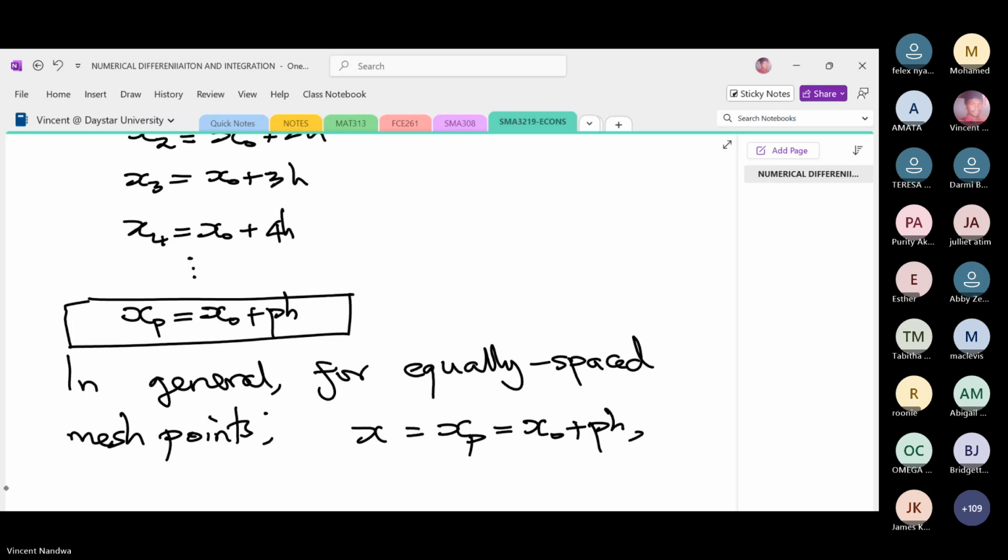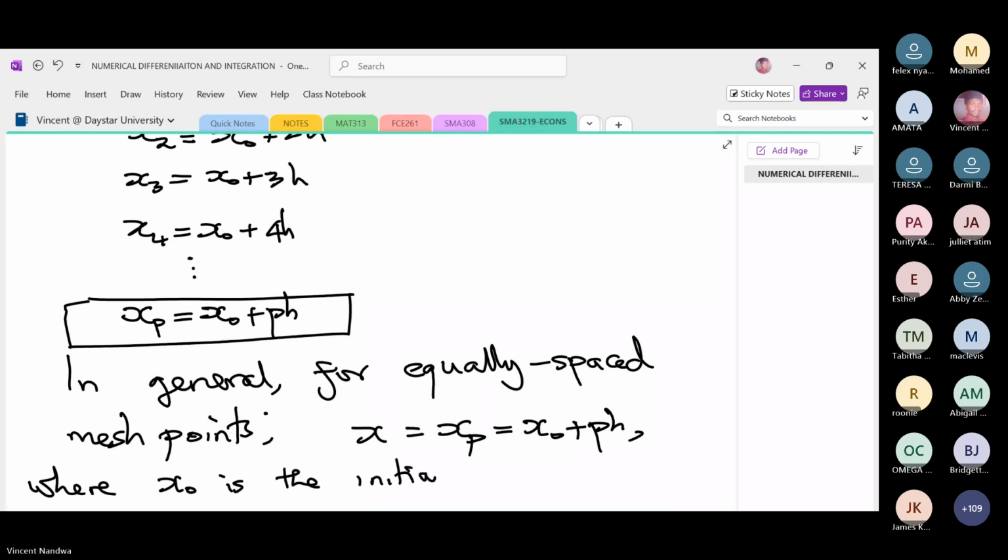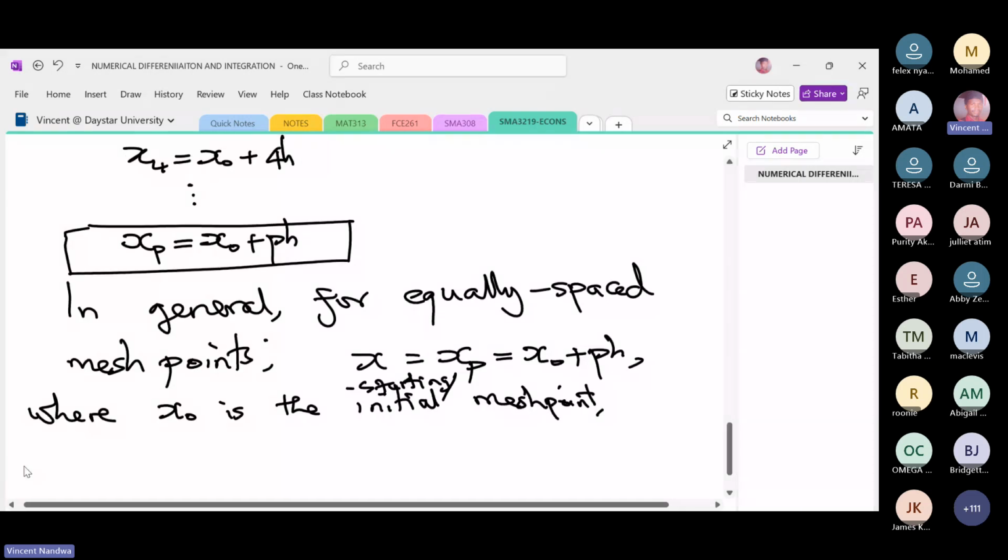where x0 is the initial mesh point, or the starting point. And then h is the interval of differencing, or we call it mesh space.